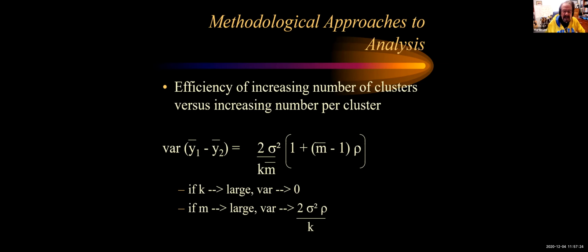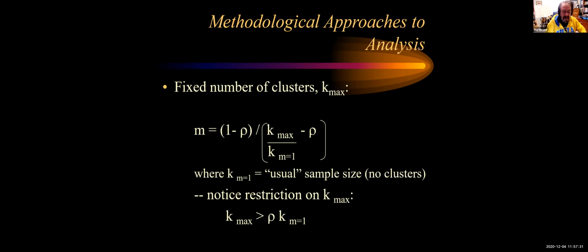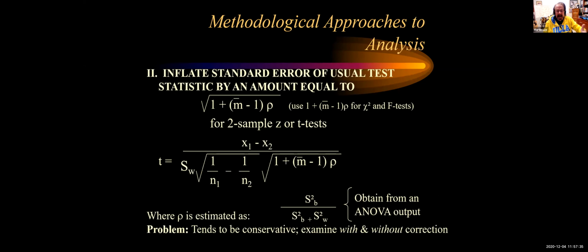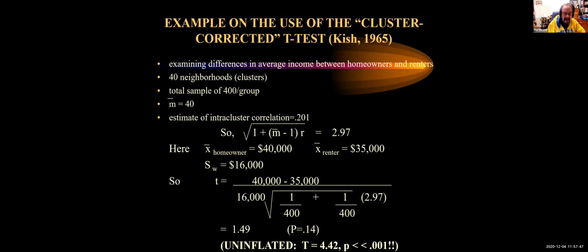So these are just illustrating the point about clusters versus number per cluster, et cetera. The only thing I wanted to show is how does that come into play when you do the actual analysis? You can see here's a t-test, and you can see where the inflation factor gets incorporated into the denominator of your t-test.